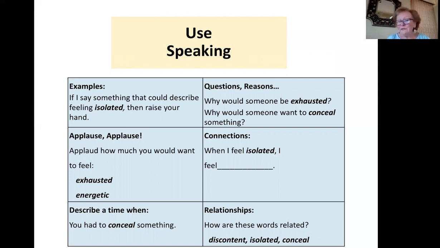Applaud how much you would want to feel exhausted or energetic. Describe a time when you had to conceal something. Or why would someone be exhausted? Or when I feel isolated, I feel. Or how are these words related? Discontent, isolated, conceal. All words coming from Tuck Everlasting.